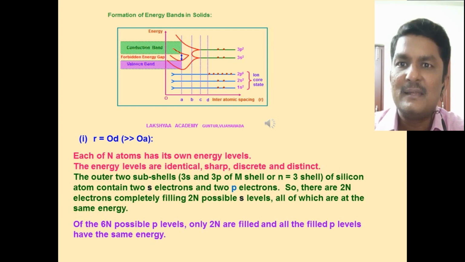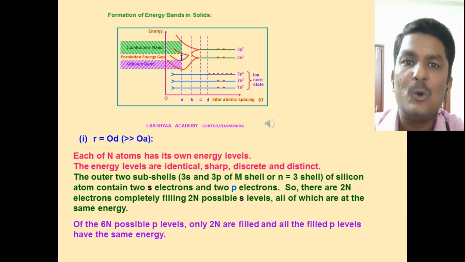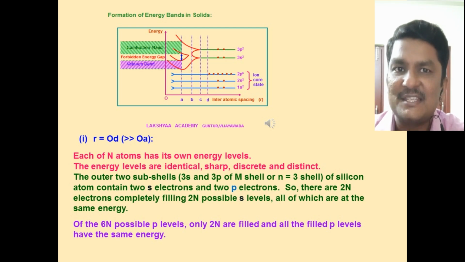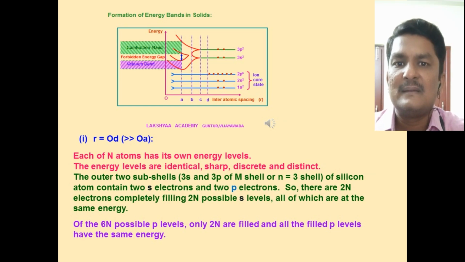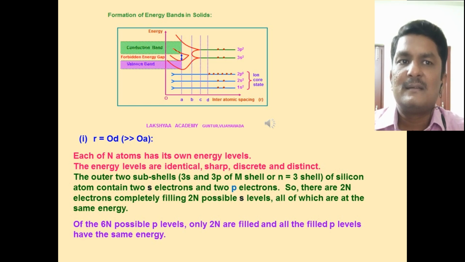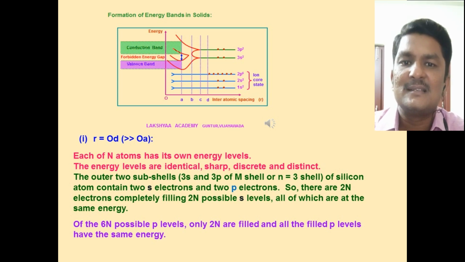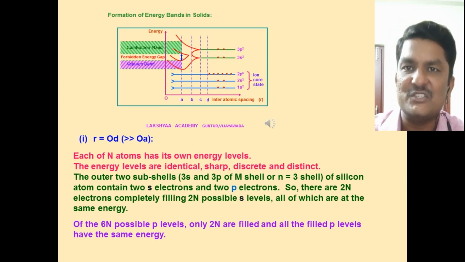Students, observe carefully: 2N electrons completely fill 2N possible s levels, and out of 6N possible p levels, only 2N are filled and all the filled p levels have the same energy.